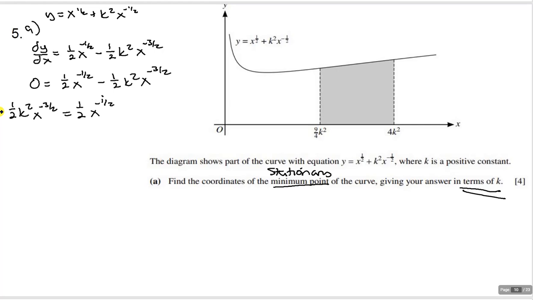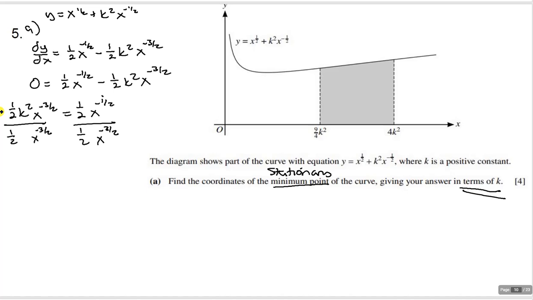Now, keep in mind, I'm trying to get the x by itself. So what I'm thinking about doing now is getting this out of here. I'm going to divide by 1/2, which makes me feel good because those are going to go. And I'm going to divide this by x to the negative 3/2 and divide that by x to the negative 3/2.